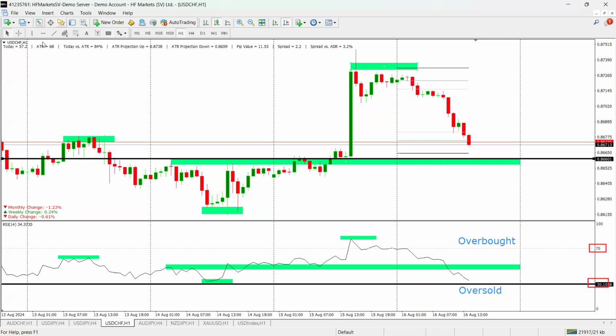Well, look at it. Also look at this point here, this particular point here. Then look at these levels here.